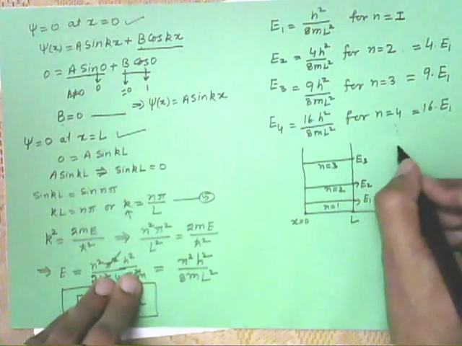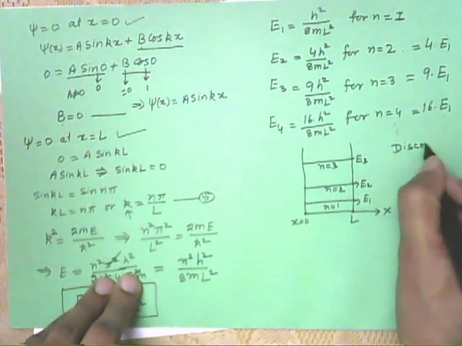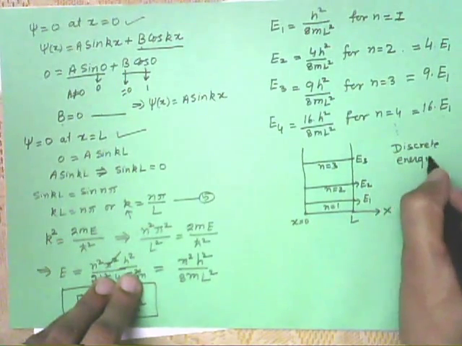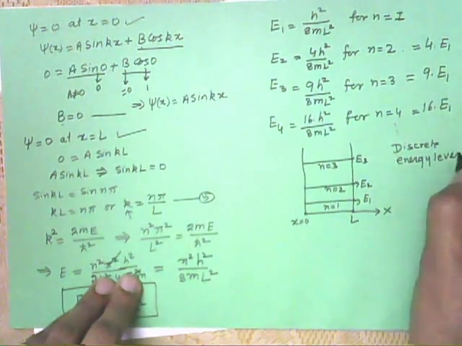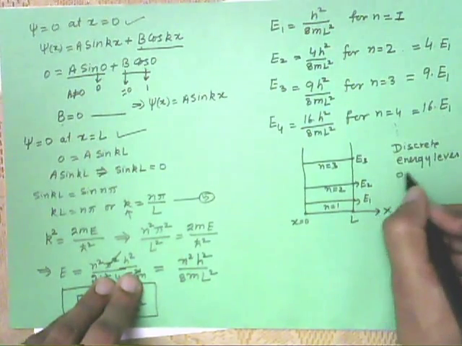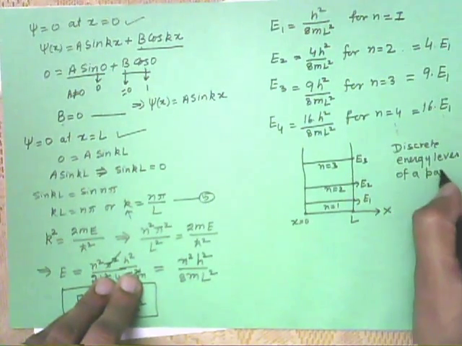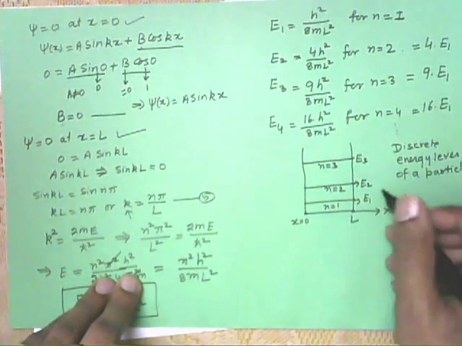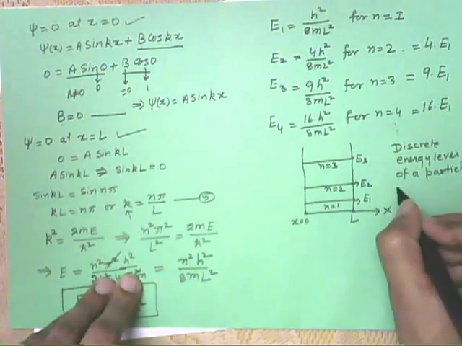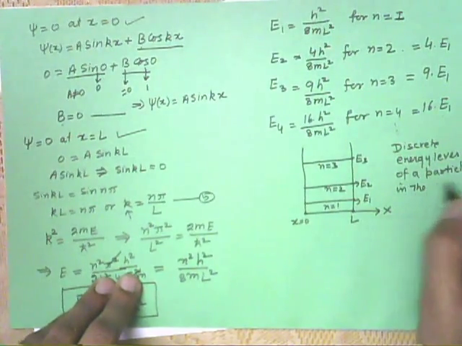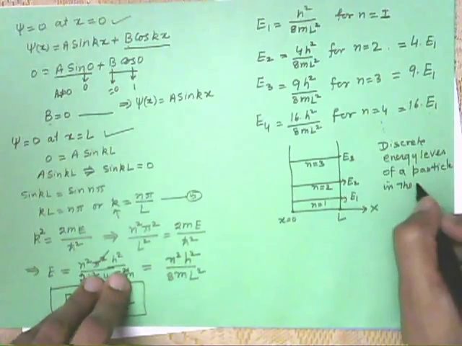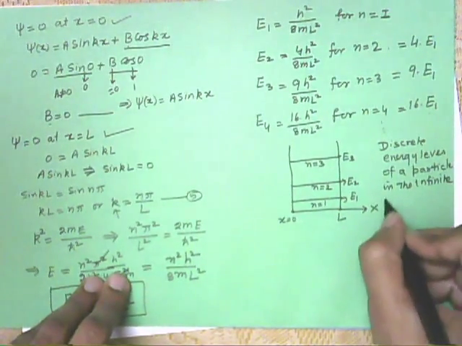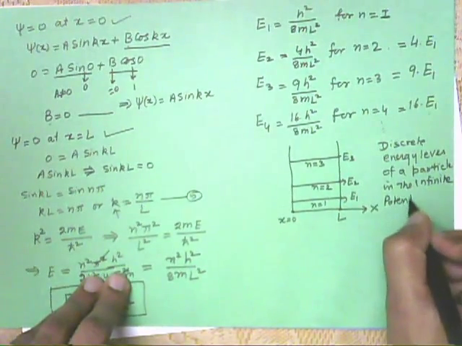These are the discrete energy levels of a particle in the infinite potential well.